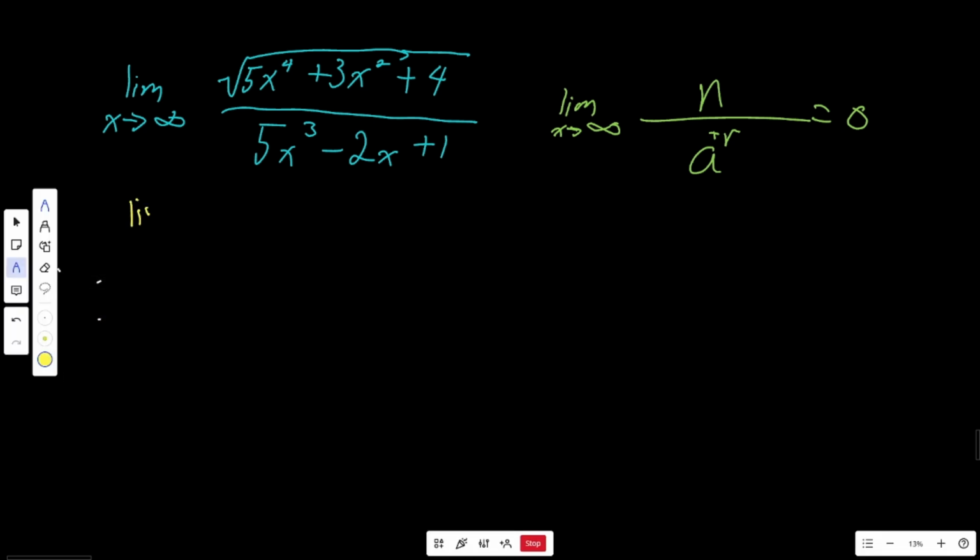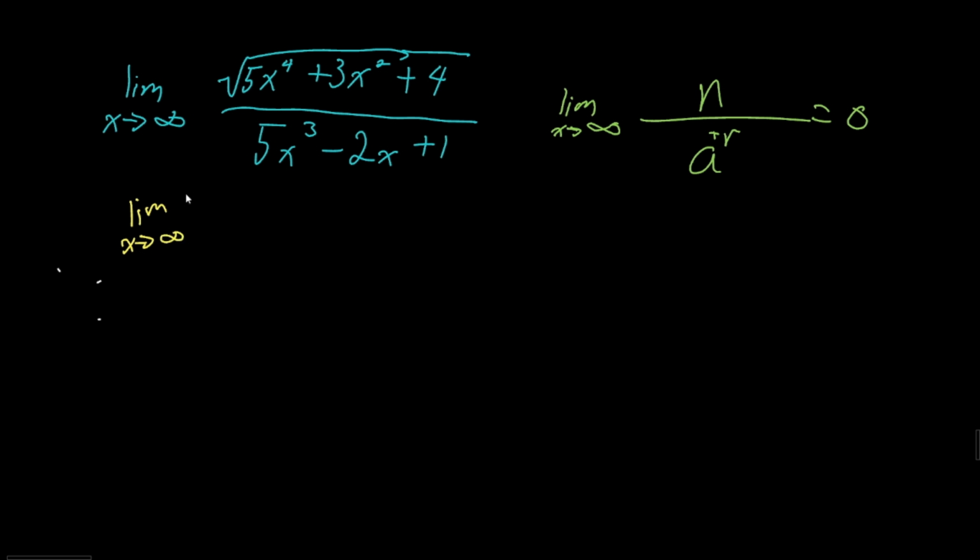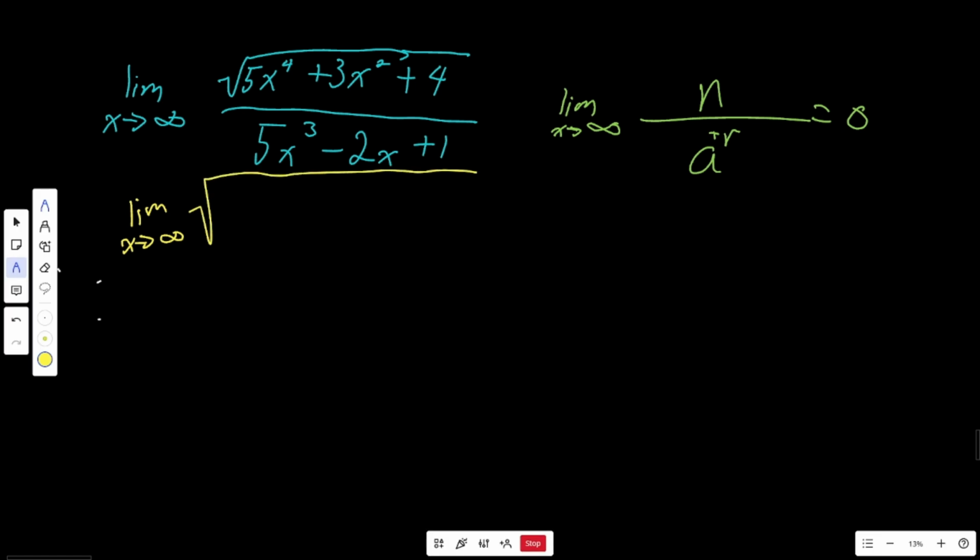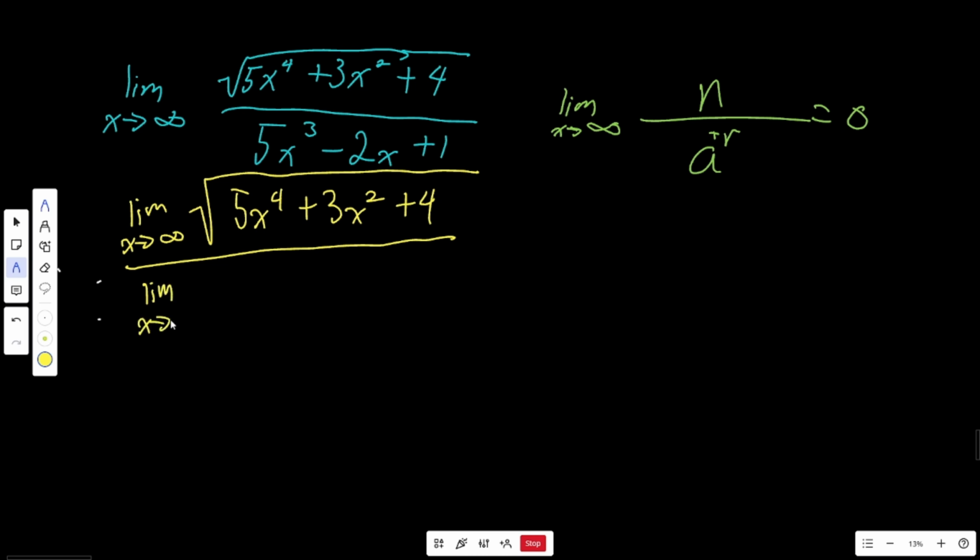We're just going to put it on the numerator. So the limit as x approaches infinity of the square root of 5x to the power of 4 plus 3x squared plus 4 over the limit as x approaches infinity of 5x cubed minus 2x plus 1.